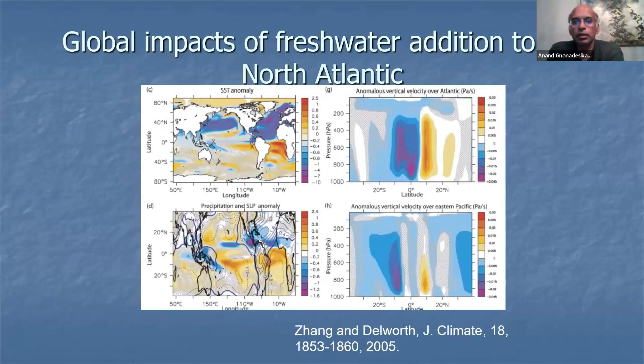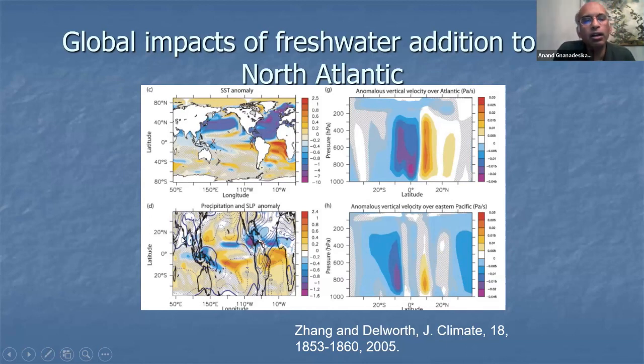And one of the primary mechanisms that is proposed to explain this is that as the glaciers retreated over North America, there was an input of fresh water to the Atlantic that caused the overturning to shut off. That heat transport to the north stopped, and you can see a cooling over the entire globe. And that cooling was also associated with changes in the precipitation.